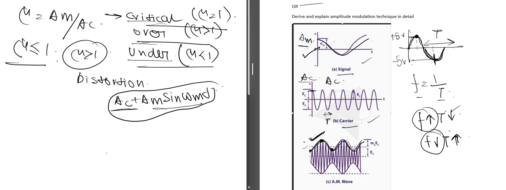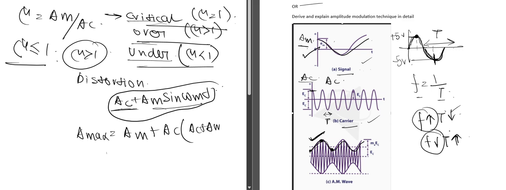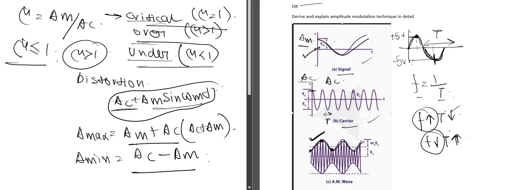The maximum amplitude which we are getting is equal to Am plus Ac, or Ac plus Am, and the minimum amplitude which we are getting is Ac minus Am. This is the minimum amplitude and this is the maximum amplitude.